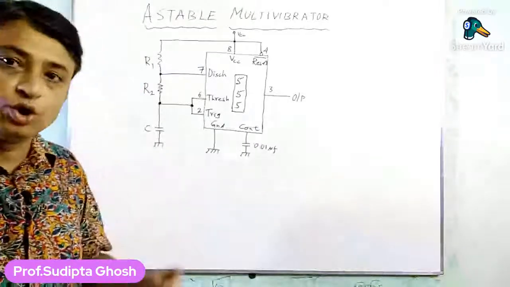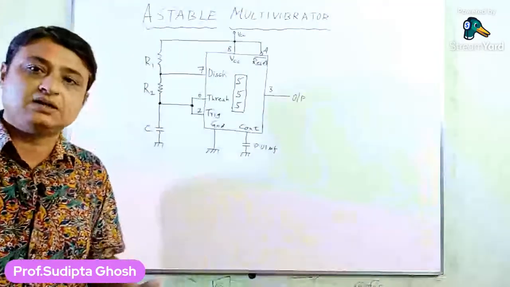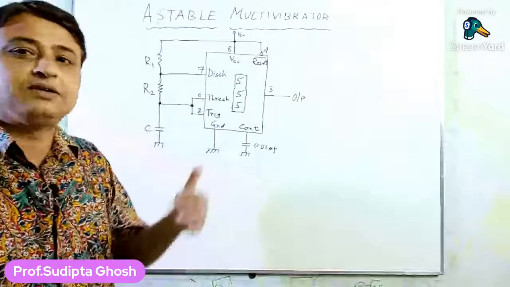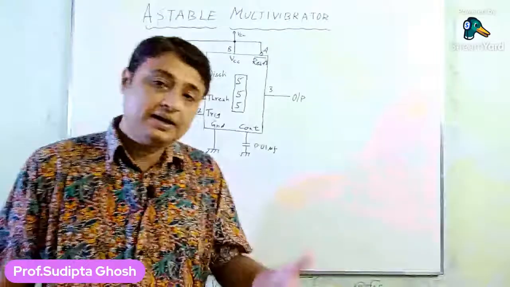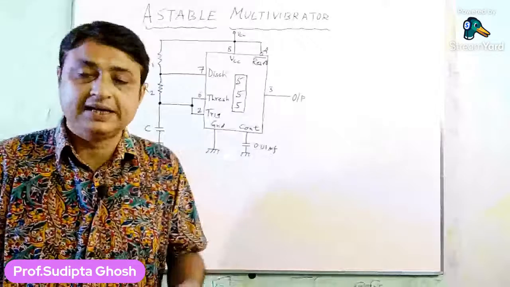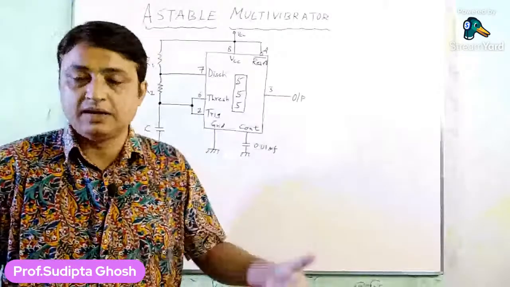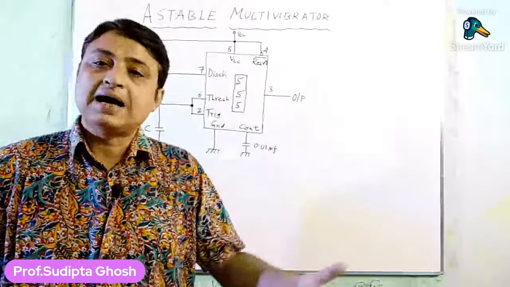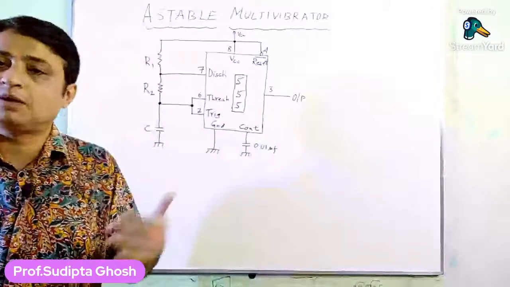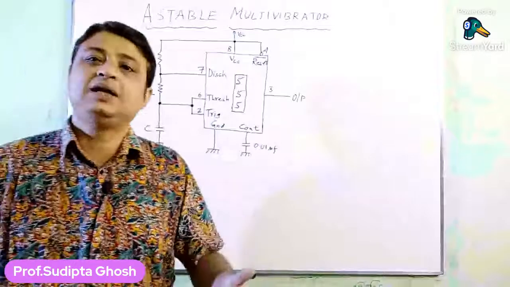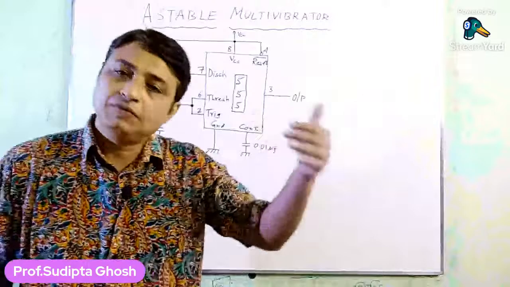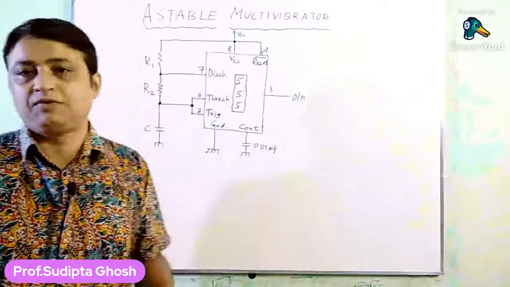Now as we know from our discussion on the internal structure of the 555 timer, whenever the trigger input goes below 1/3 of VCC, the trigger comparator goes high. That makes the set input of the RS flip-flop go high, which makes the Q output of the flip-flop go high.